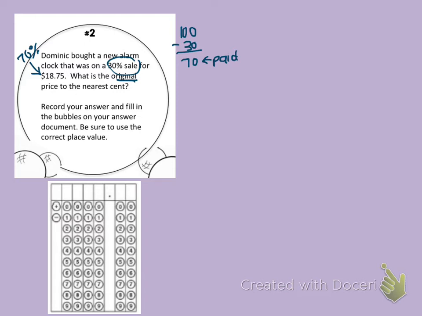And it wants to know what the original cost was. Well, we have this proportion of cost over original equals percent over 100. Okay, so the cost was $18.75 over, we're looking for the original, equals 70, because $18.75 represents 70% of the price, over 100.